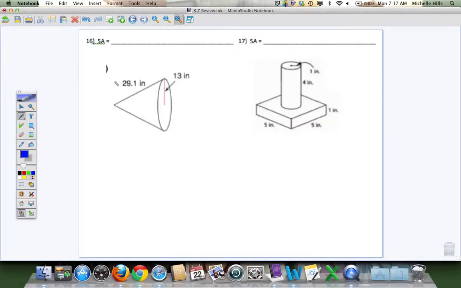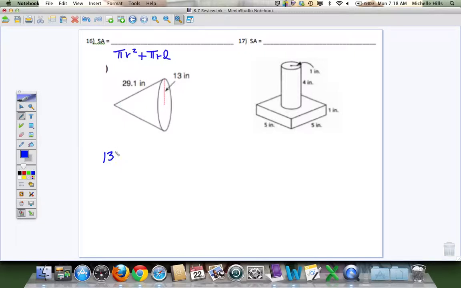A cone. I said this is the one I would give you the formula for. So the circle part is just pi r squared. You're used to that. But then this fan-shaped part, when I cut this apart and look at it, is pi times the radius times the slant height. So this isn't a perpendicular height anymore, it's the slant height.